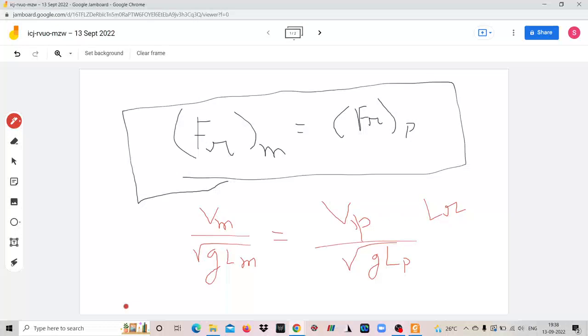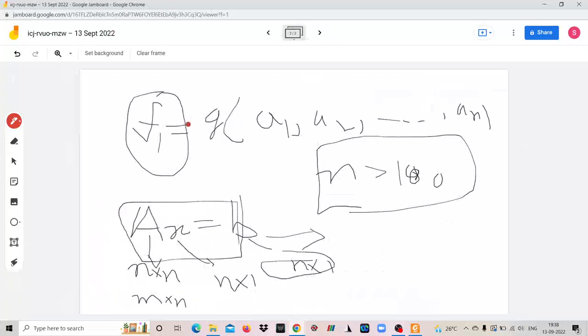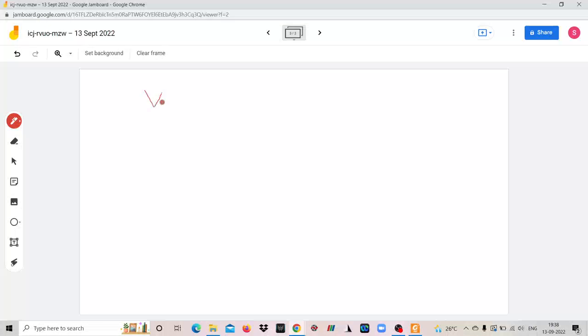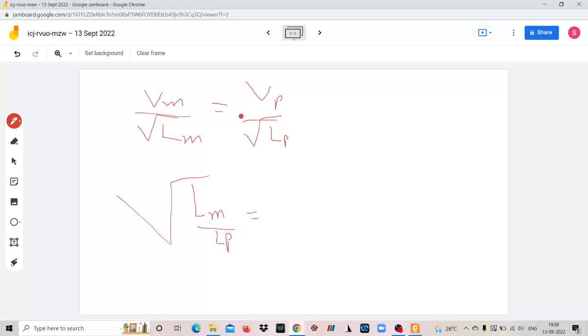So we have seen that Vm by square root of Lm is equal to Vp by square root of Lp, or square root of Lm by Lp is equal to Vm by Vp, or square root of Lr is equal to Vr, that is the velocity ratio, or Lr is equal to Vr square.